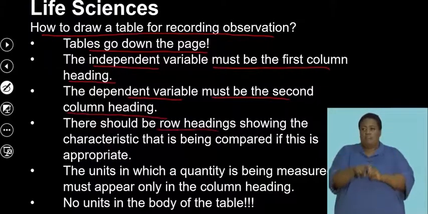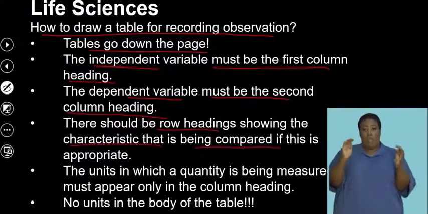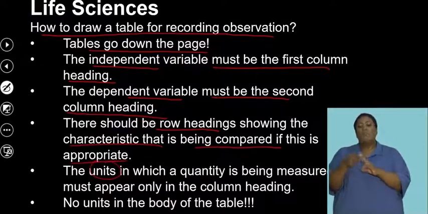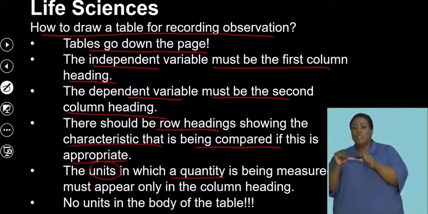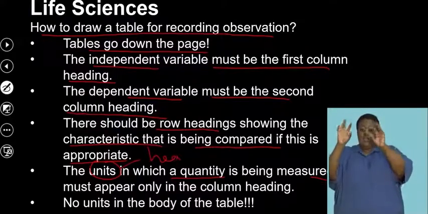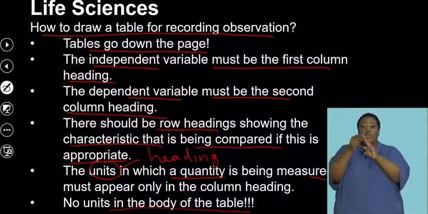There should be row headings showing the characteristics that are being compared, if it is appropriate. There should be units, which is the quantity being measured, and these units must only be in the heading and not in the body of the table. So we put that into the heading. No units in the body of the table.